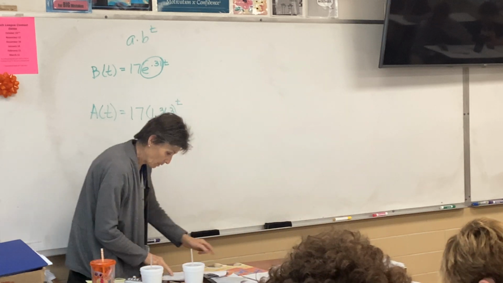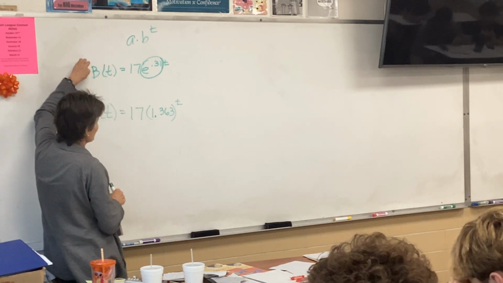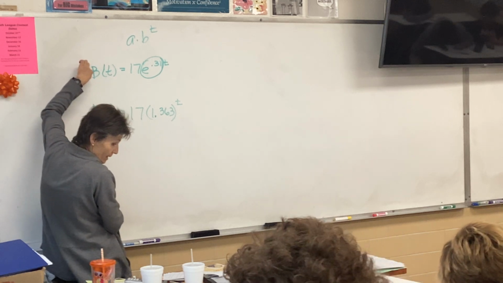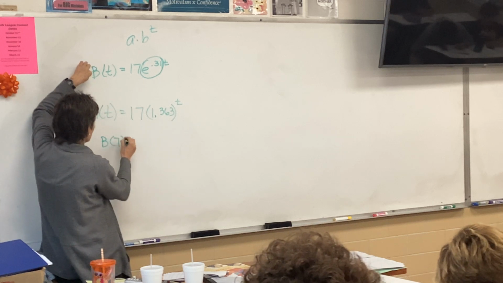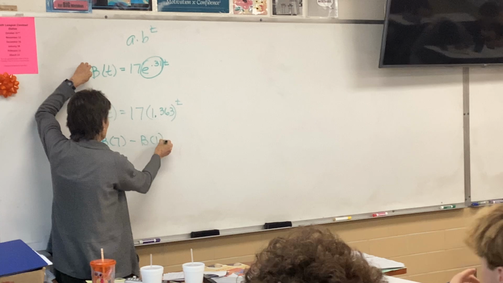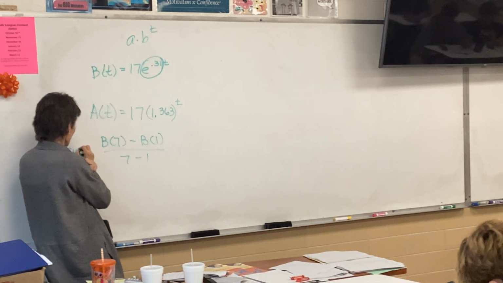Okay, now find the average rate of change of B of T. So this is B of T, and we're going from 1 to 7. So B of 7 minus B of 1 divided by 7 minus 1. Is that okay for your average rate of change?